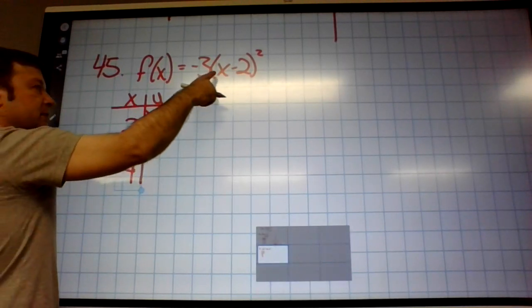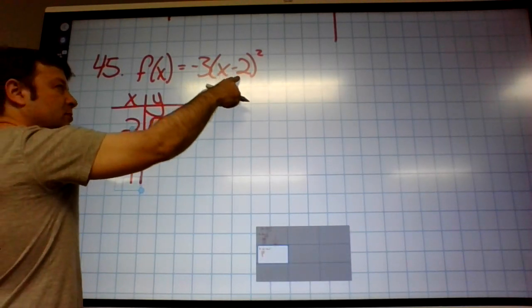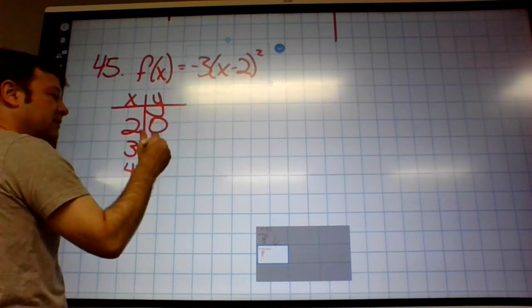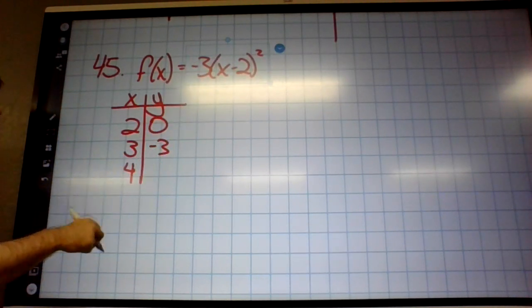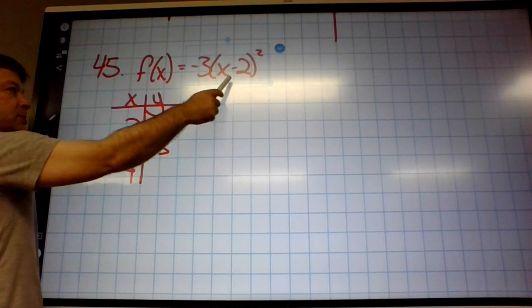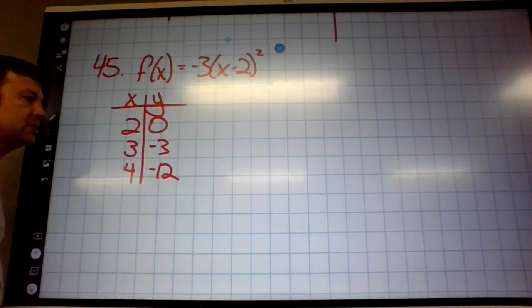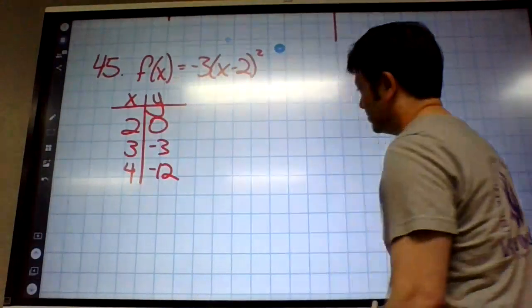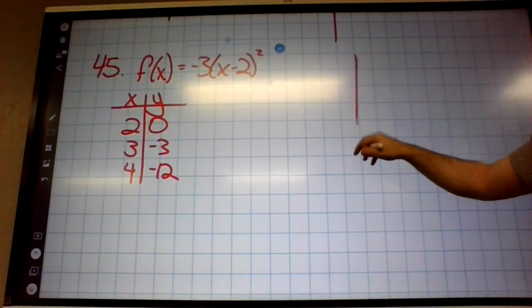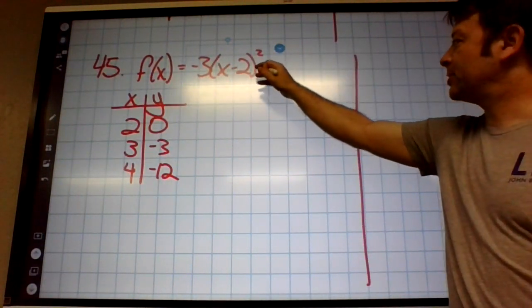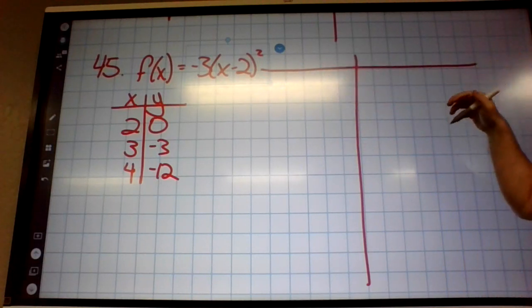So if x is 3, I get 1 squared is 1 times -3. If I plug in 4, 4 minus 2 is 2, squared is 4 times -3, going down to -12. So on our graph, we should put our x-axis way up here.